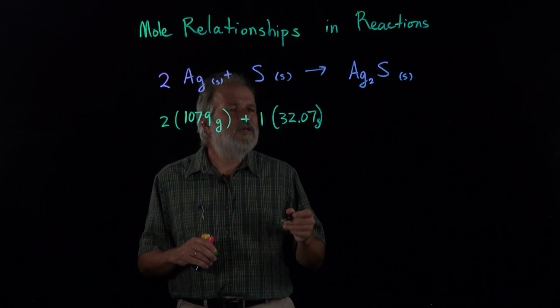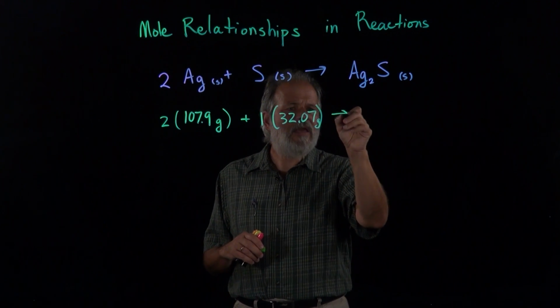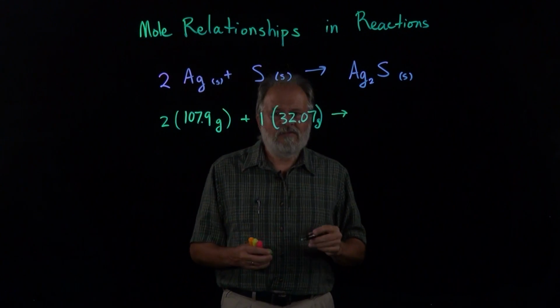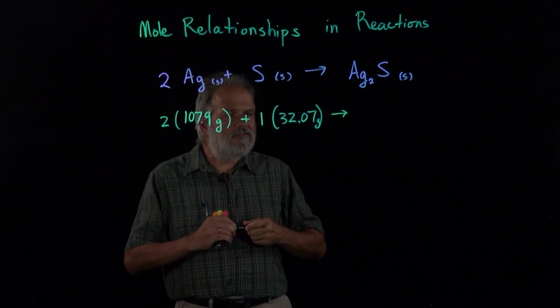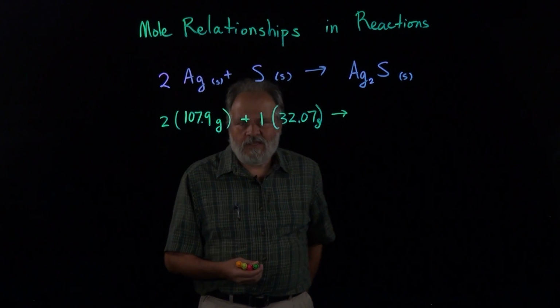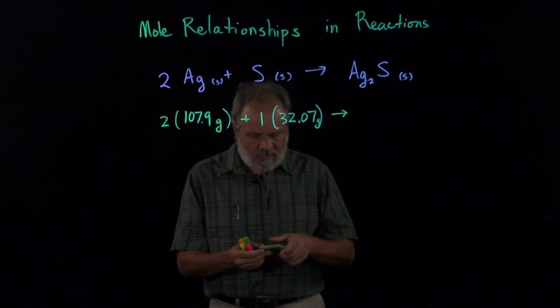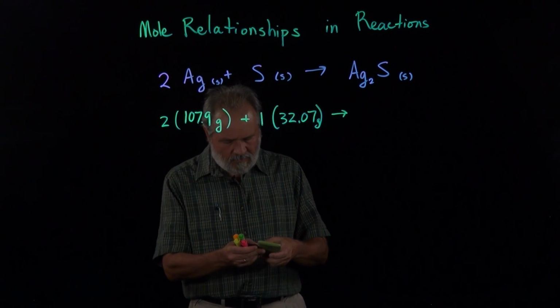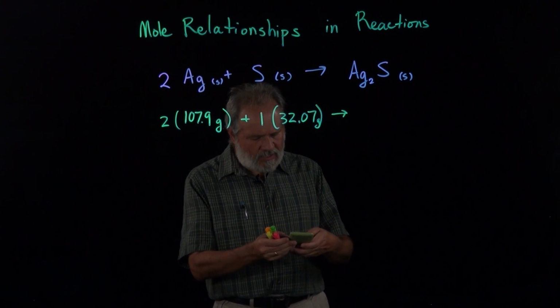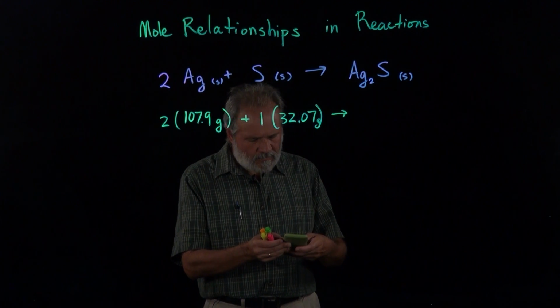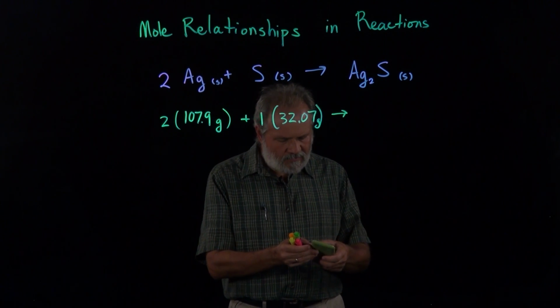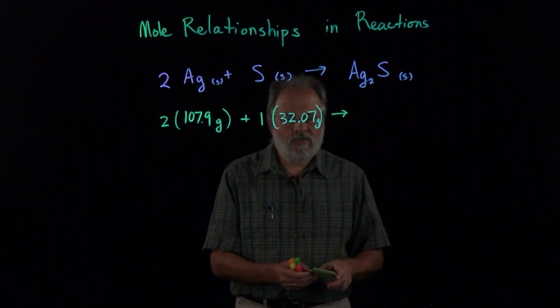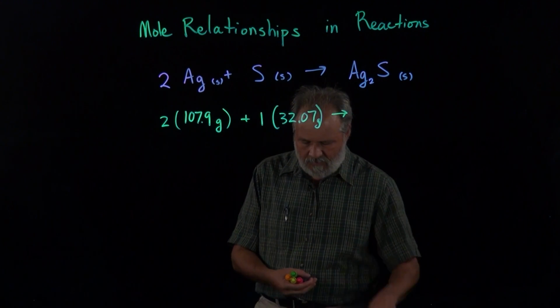That's what's in the periodic table for the atomic mass of sulfur. And then, of course, silver sulfide, its molar mass is going to be the sum of these two: 107.9 times 2 plus 32.07, and we get 247.87.